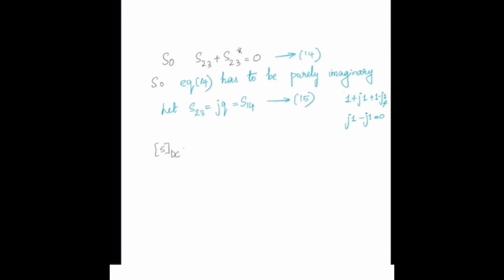The final S matrix can be written as: P, 0, jQ, 0; P, 0, jQ, 0; 0, jQ, 0, P; jQ, 0, P, 0.